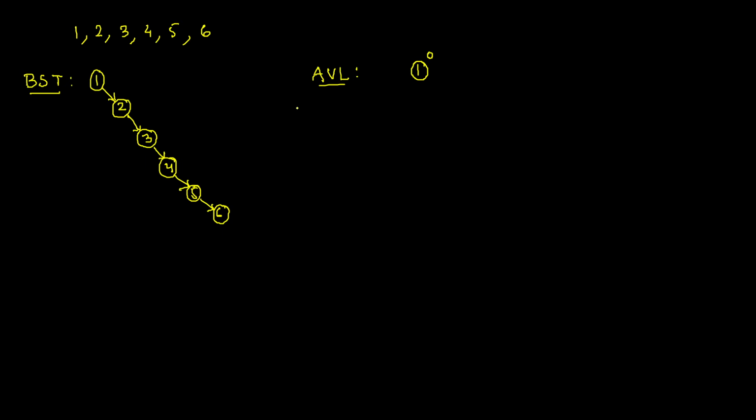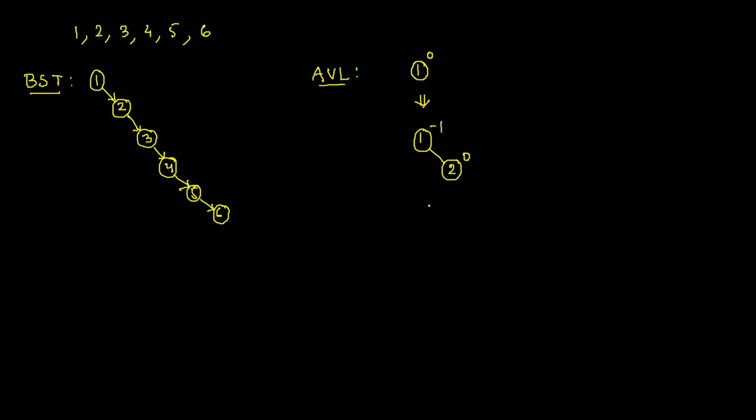After connecting these two, the tree will be 1 followed by 2. Now this is the tree. The balance factor of 2 is obviously 0 because it is a leaf node, and the balance factor of 1 is now 0 minus 1, that is minus 1.